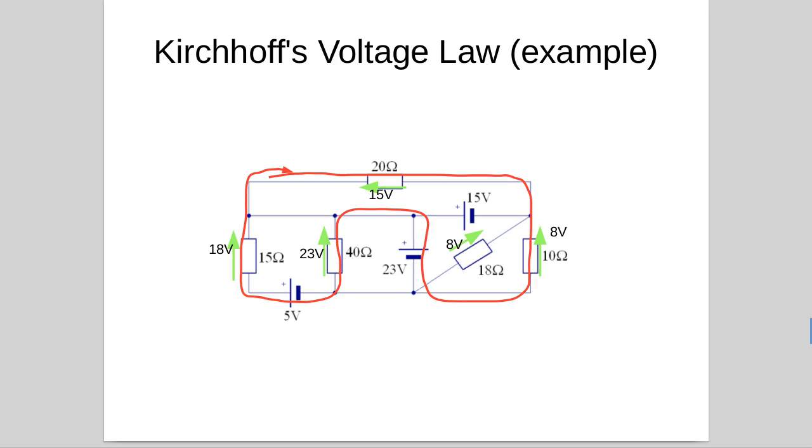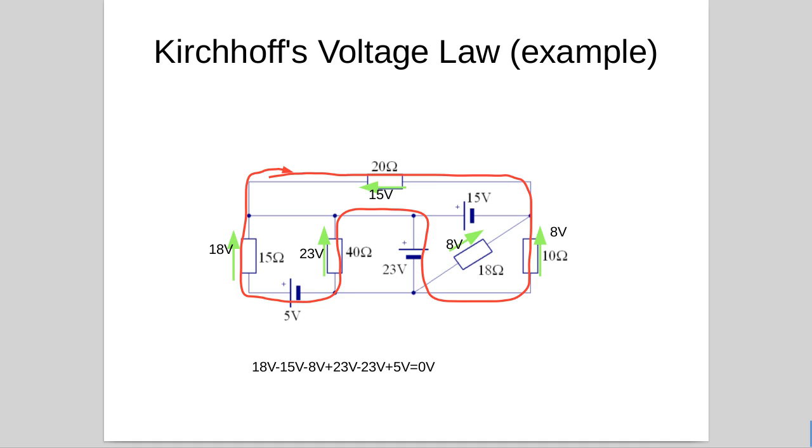So if we work our way around, I'm going to start at the 18 volts on the left hand edge. 18 volts minus 15 volts, we're going clockwise, minus 8 volts, plus 23 volts, minus 23 volts, plus 5 volts, and we're back to where we started, equals 0 volts.